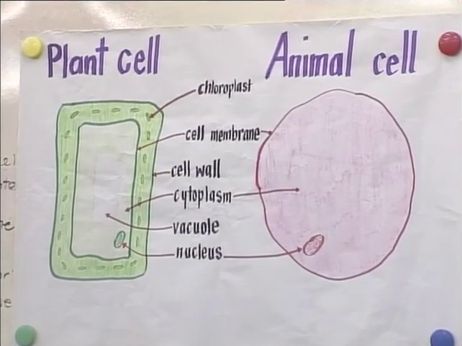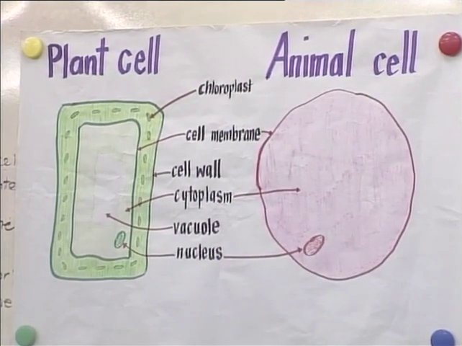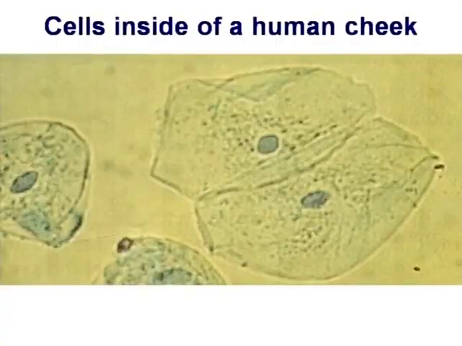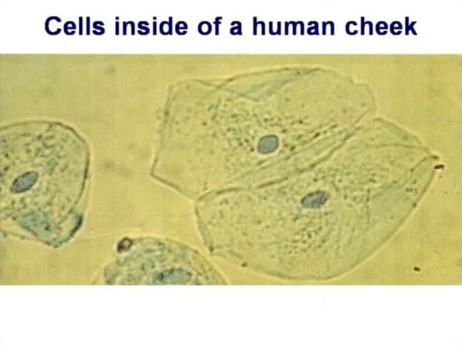Right, class, let's look at some examples of animal cells. Some pictures to show you. Inside your cheeks, the cell, your cheek cells look like that. Not only you, me too, all of us.